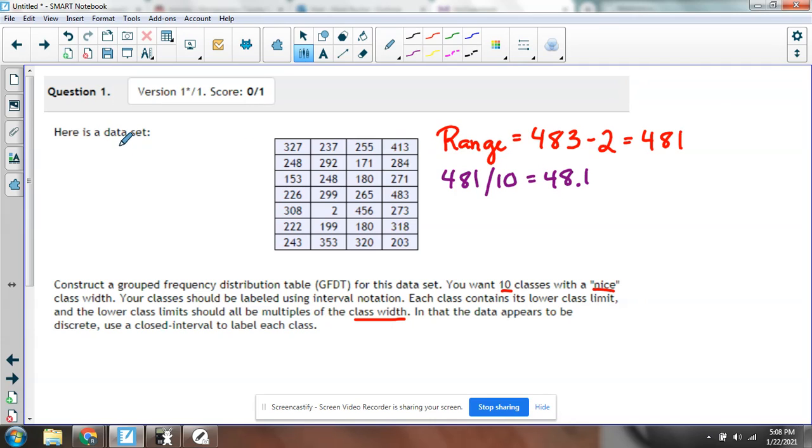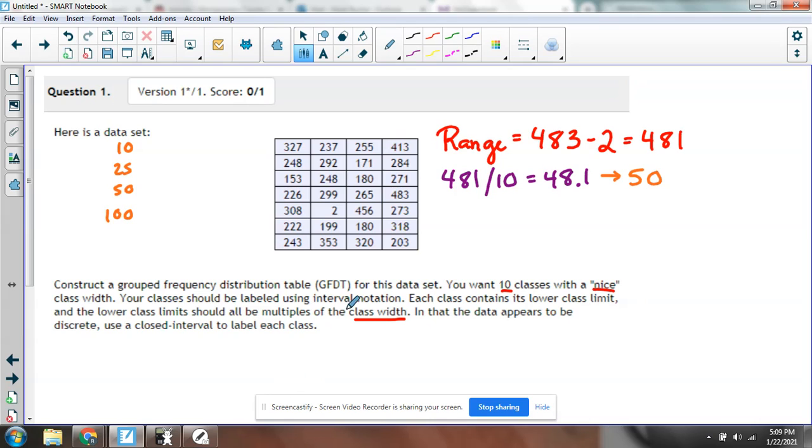By nice, they mean multiples of like 10 or 25 or 50 or 100, something like that. So we're going to round it up to the next quote unquote nice number, which looks like it's going to be 50. So our class size is 50. Each class we make is going to have a size of 50.